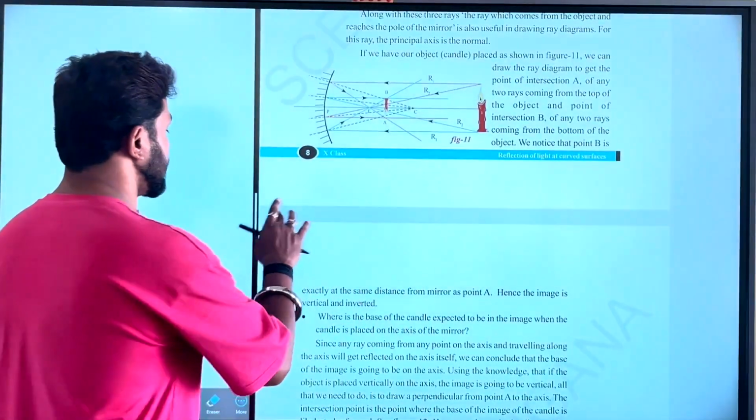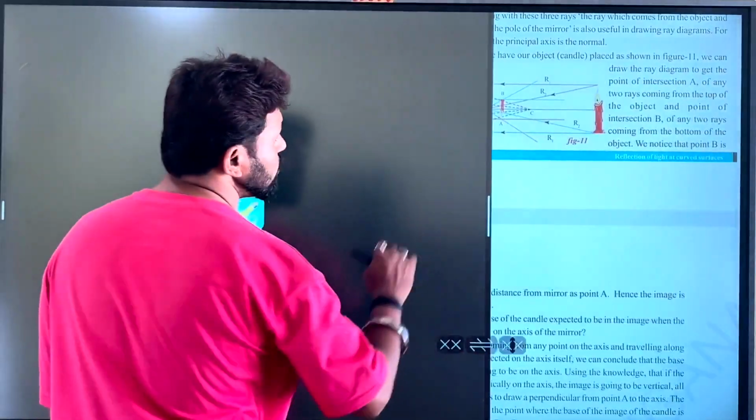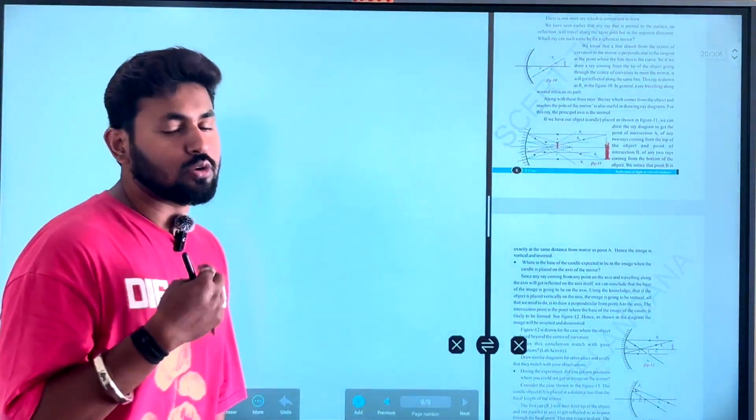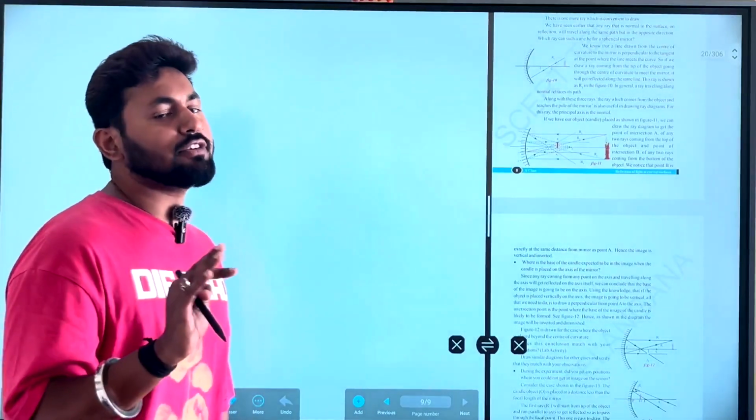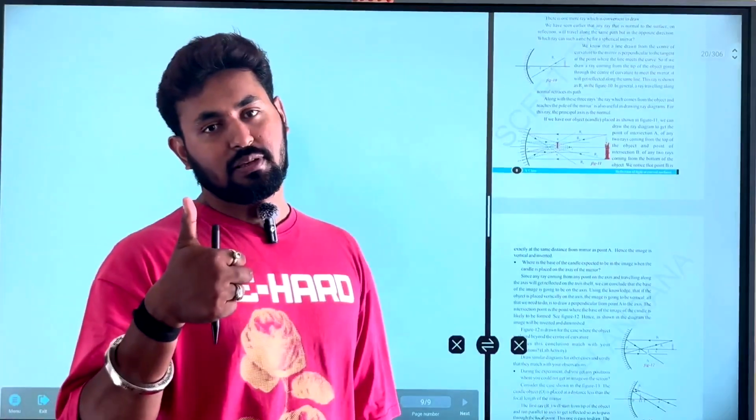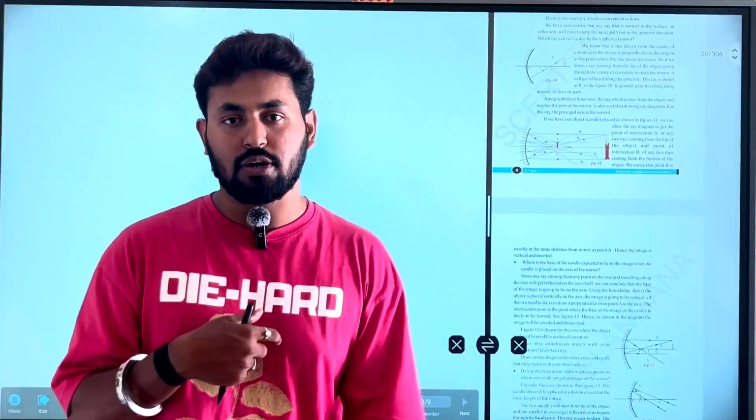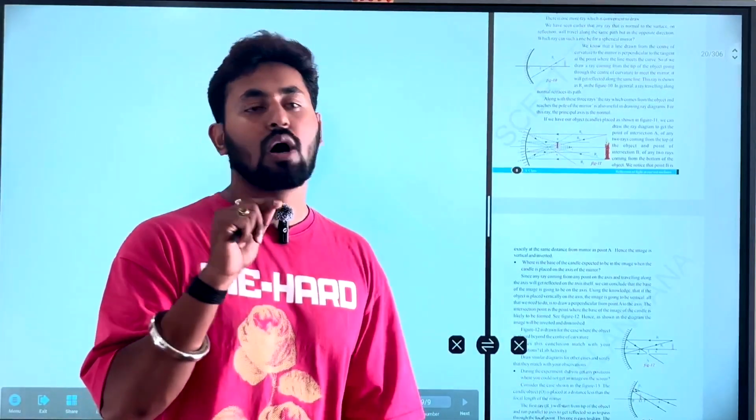Now let's say, moving ahead, I am drawing the ray diagram for concave mirror. In concave mirror we have 6 cases. The one which I will draw over here now is case number 1.